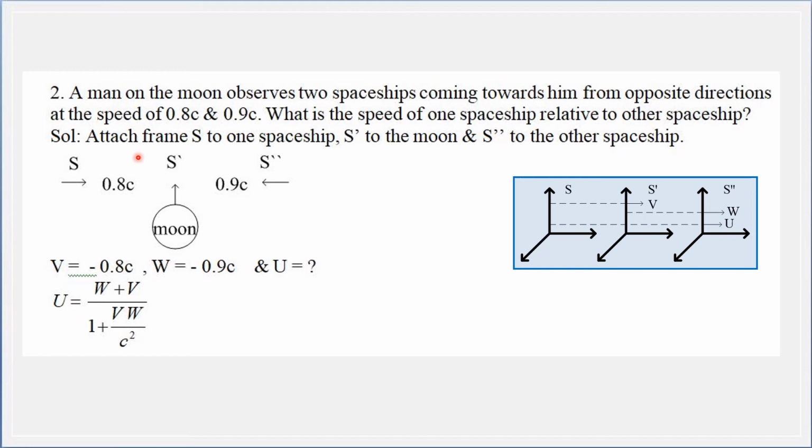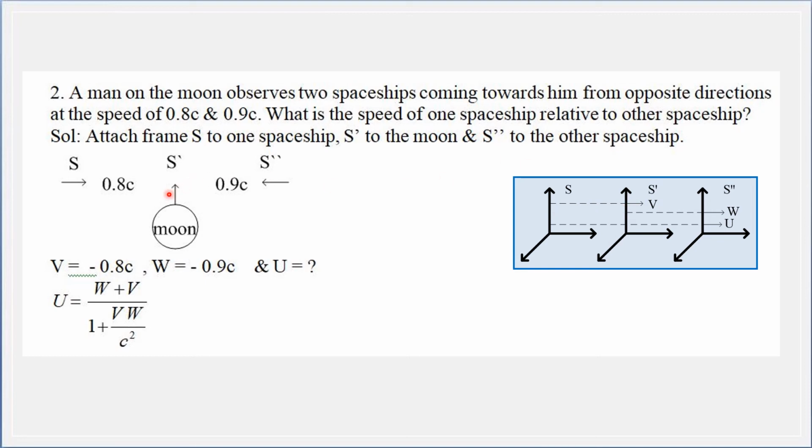So now this 0.8 c is the velocity with which the first frame is coming toward the second frame. Here we are given that the second frame is going away from the first frame with the velocity v.